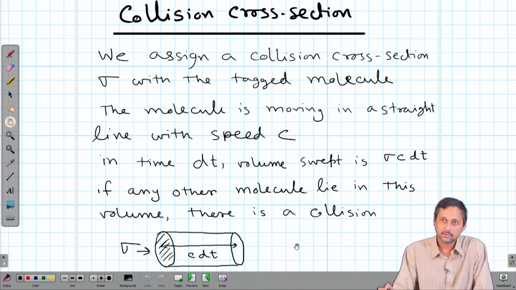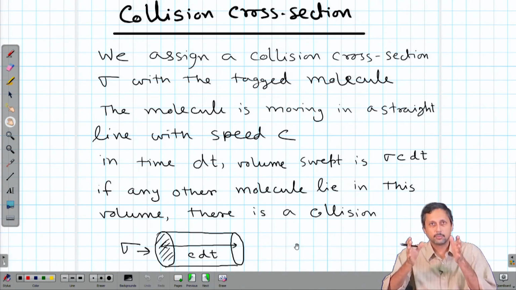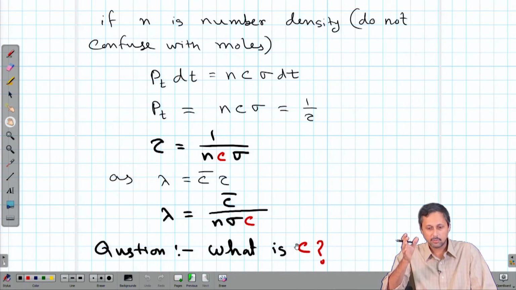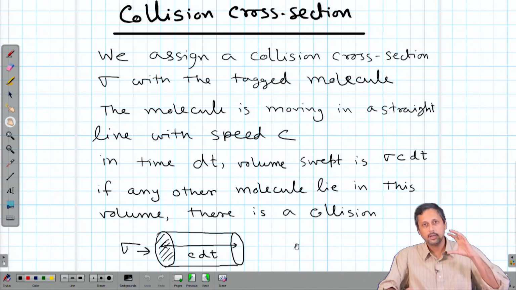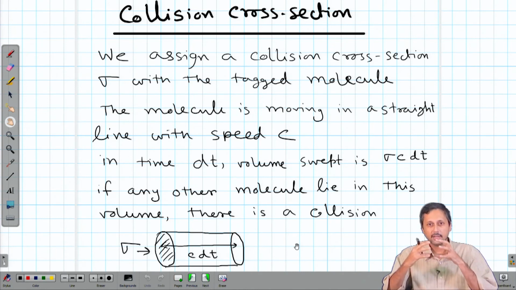Now, what is a collision cross section? Let us say a molecule is travelling through space, okay. Now, if a molecule is travelling through space, it will collide with other molecules, and then we can define something called the collision cross section, which gives an effective cross section that this molecule has when it is travelling through space.